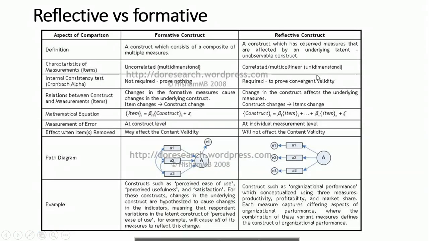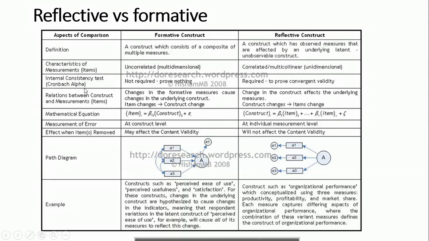So those are some of the differences between the formative construct and the reflective construct. By definition, a formative construct consists of a composite of multiple measures, and a reflective construct has observed measures that are affected by an underlying latent construct. As for the characteristics of the items, formative items are uncorrelated or multidimensional, but reflective items are correlated or multicollinear.